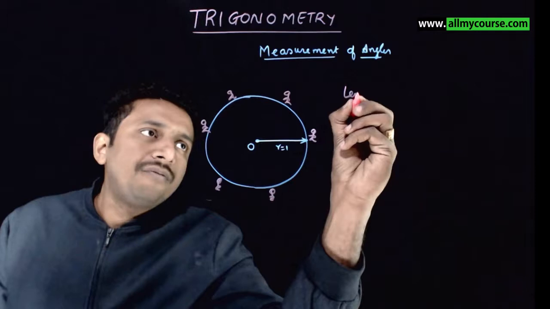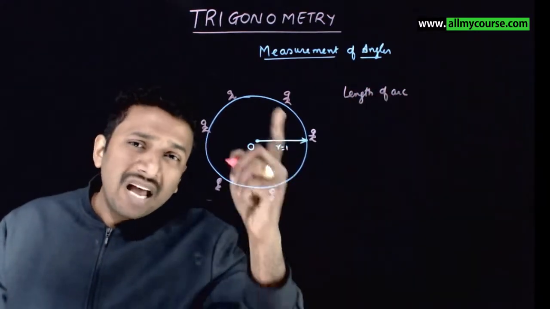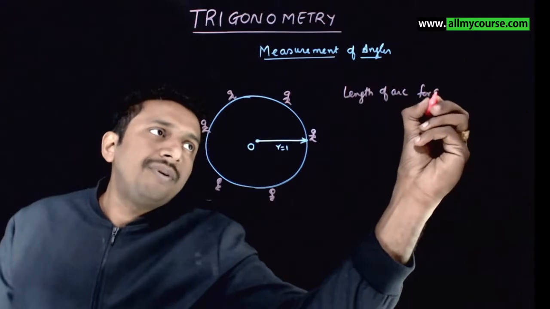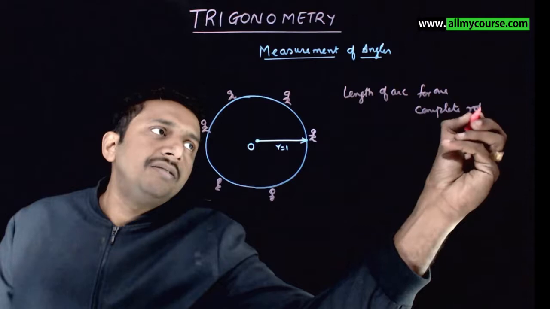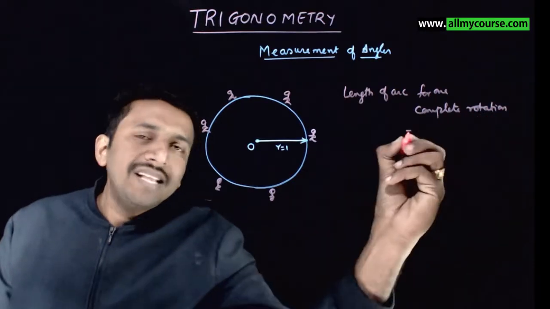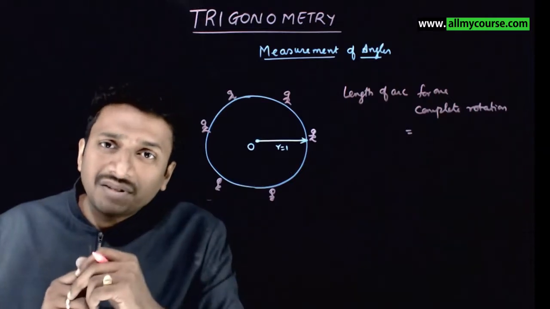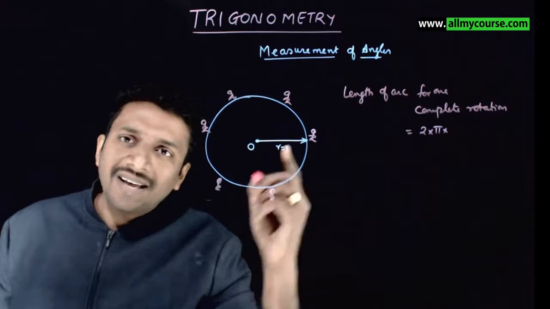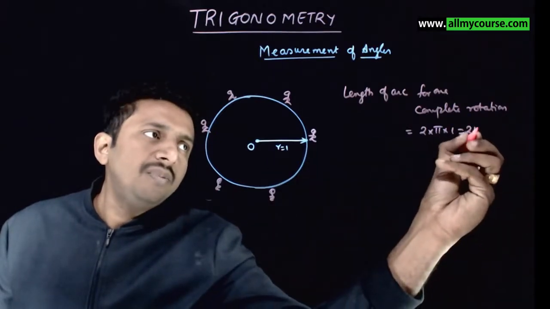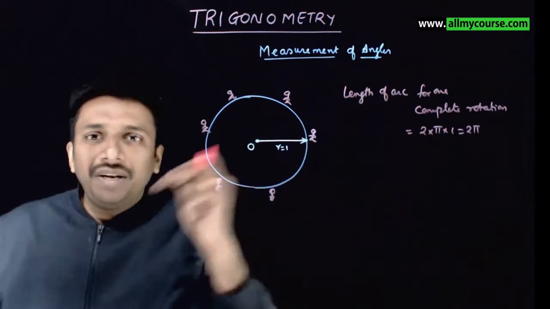The length of arc for one complete rotation is nothing but the circumference of the circle, right? And what is the formula for the circumference of the circle? 2 pi r. With r equal to 1, that is equal to 2 pi. So that's the length of the complete arc.